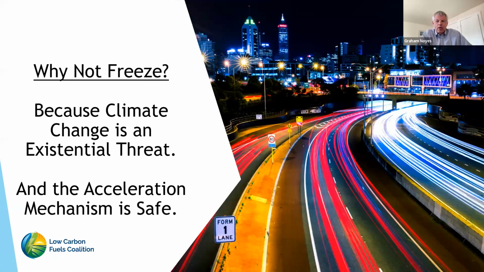And essentially why we don't want a freeze, and we do want a strong mechanism here, is because climate change is indeed an existential threat. And I think California policy has really recognized that and is implementing that. And secondly, the acceleration mechanism as proposed is safe. And I appreciate from the presentations we've already seen and those that we will see that there's a lot of subtlety and nuance around the optimal design here.